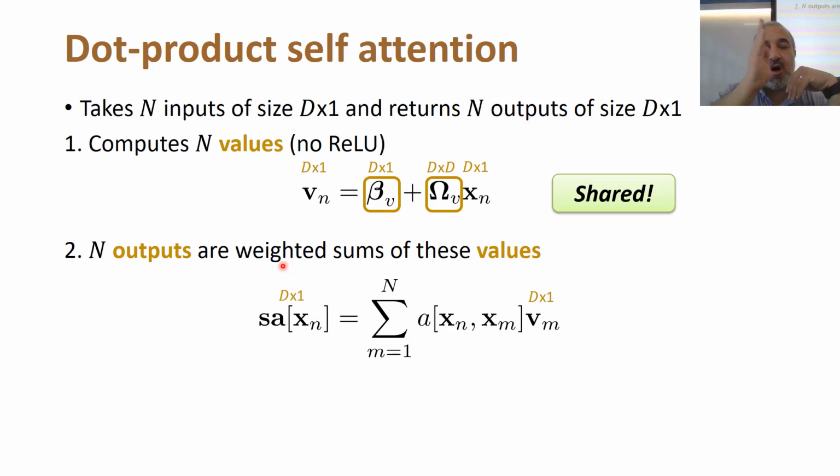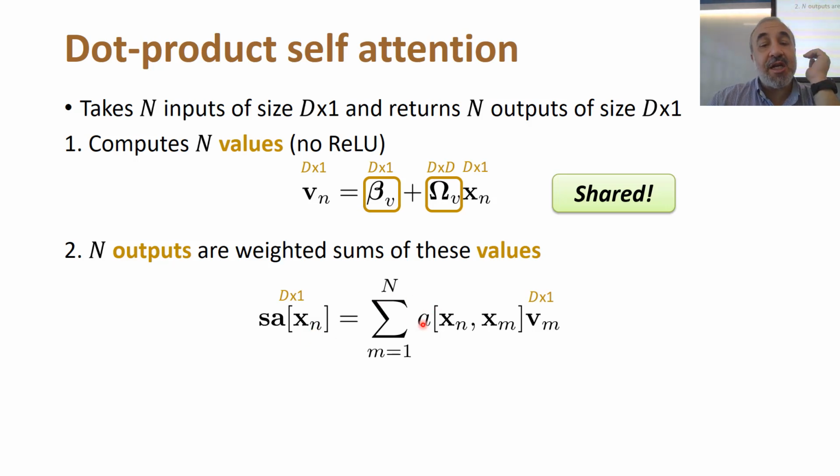From values to outputs, here we have what we call the self-attention weights. Now, really pay attention to this equation. This is the output vector for the word number n, the self-attention of x_n.